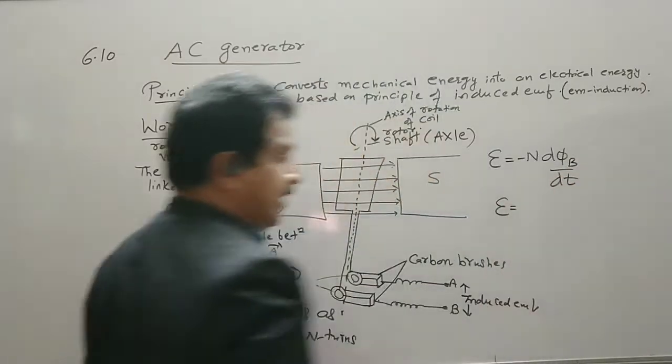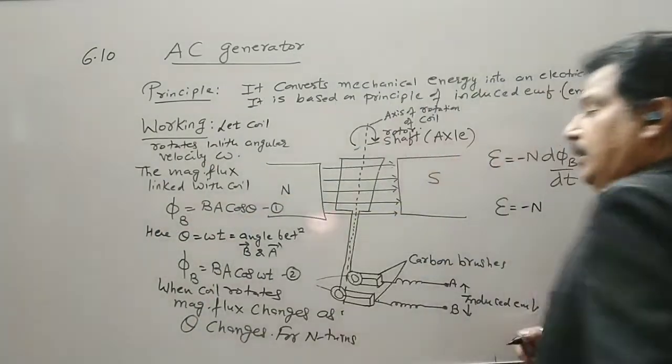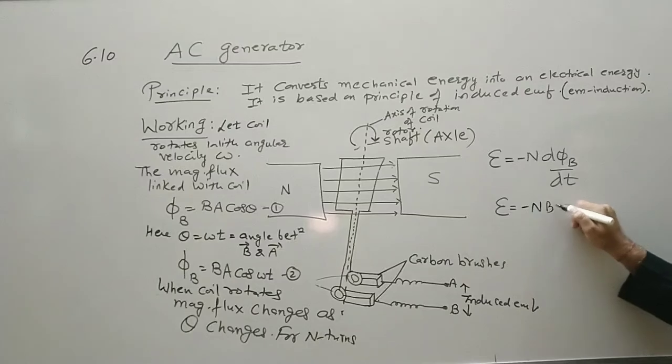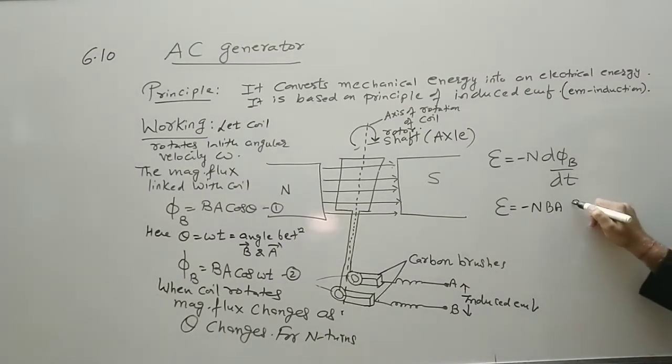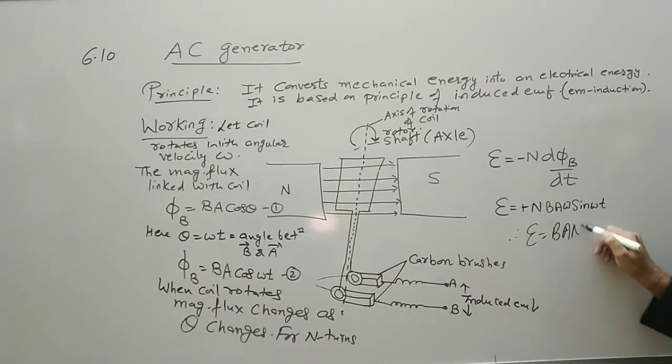So EMF is equal to, we do the derivative of this, so it becomes BA, derivative of cos, that is minus sine, so it becomes plus, and then derivative of omega t is omega, so the formula becomes NBA omega sine of omega t, that is E can be written as BAN omega sine omega t.